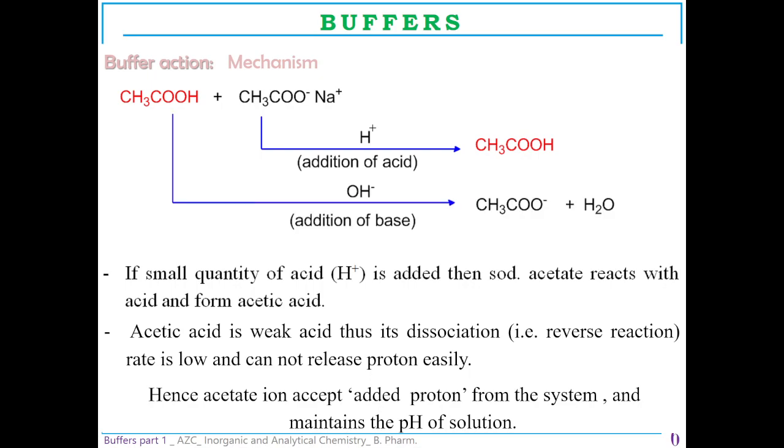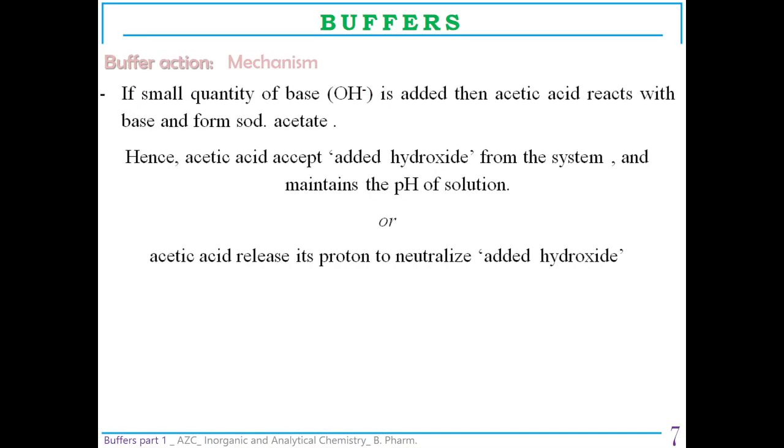If small quantity of base is added, then acetic acid reacts with base and forms sodium acetate. Hence, acetic acid accepts added hydroxide from the system and maintains the pH of solution. The actual process is acetic acid releases its proton to neutralize added hydroxide from the system and maintains the pH of solution.